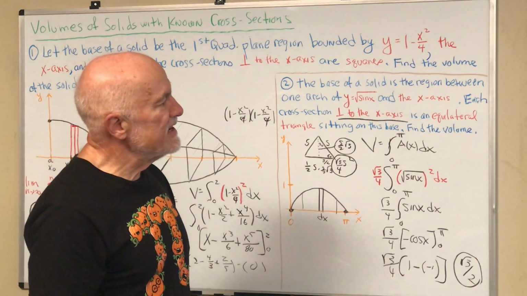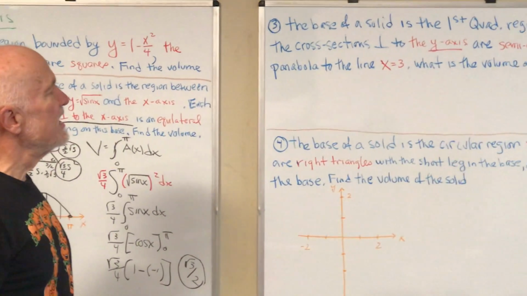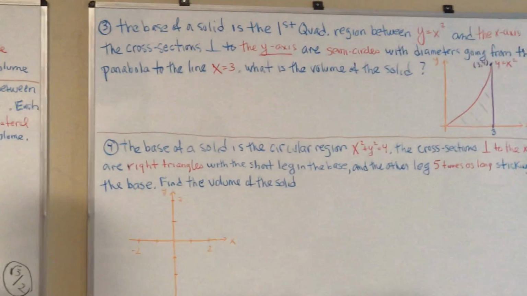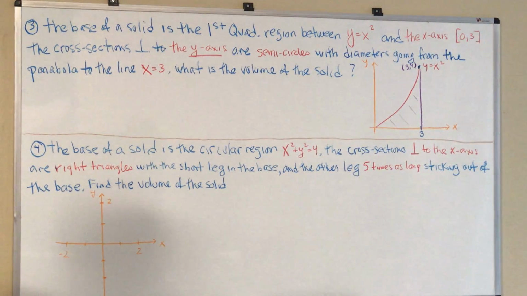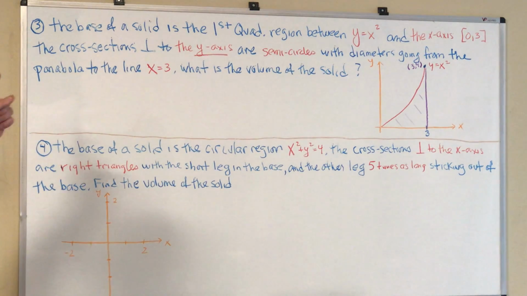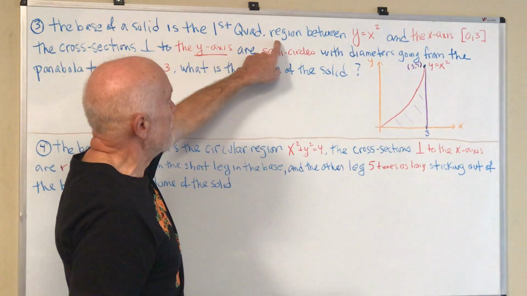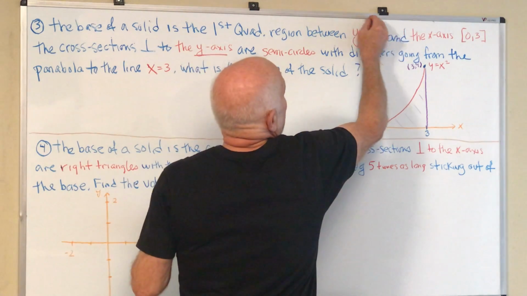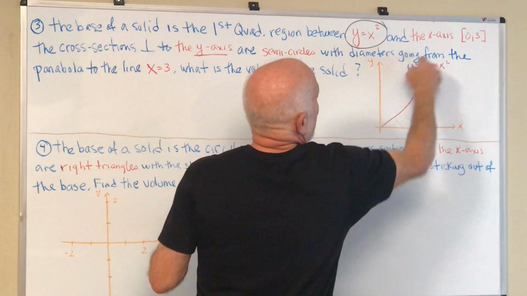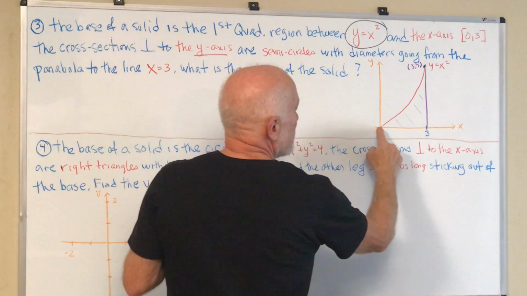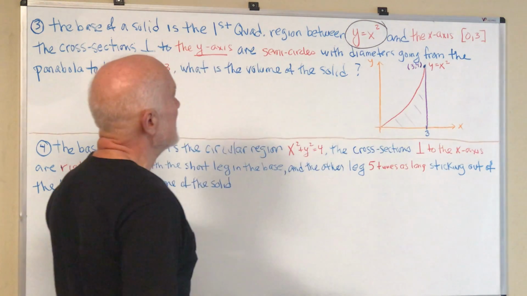Okay, so let's try 2 more of these. And I think that'll pretty much solidify how you do these. Now, the thing I made different of this one, the base of the solid is the first quadrant region between this parabola, y equals x squared, and the x-axis from 0 to 3.